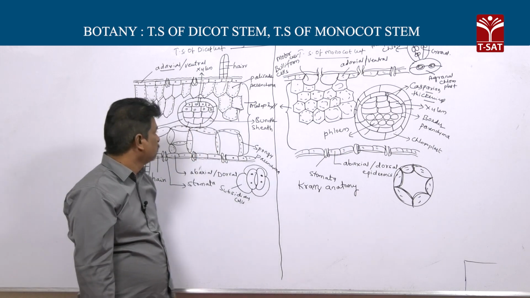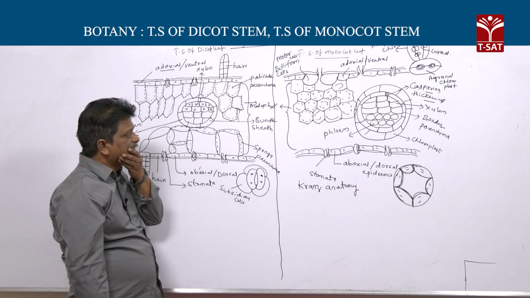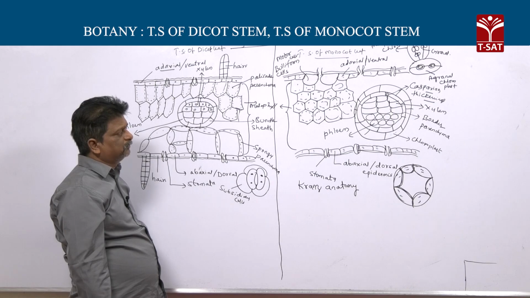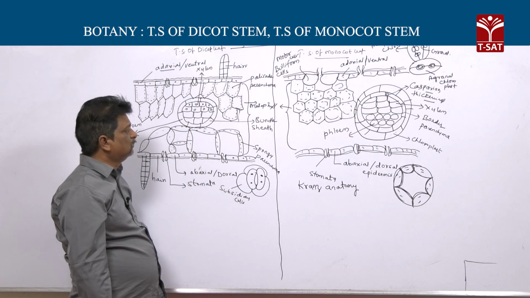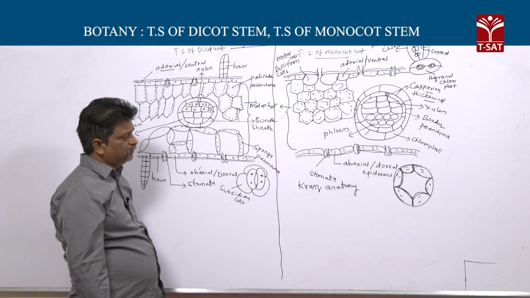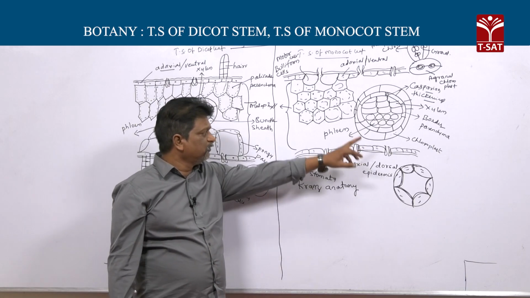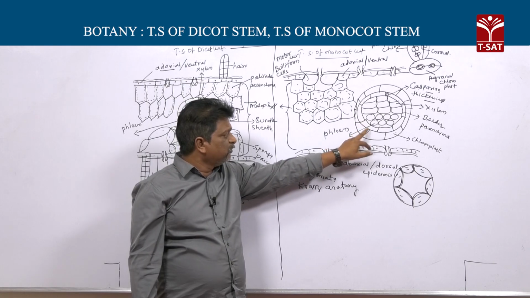Then in grass leaf, generally 2 rows of bundle sheath are present, but in dicot leaf, only 1 row of bundle sheath is present. In most of the monocots, they show chloroplast even in the bundle sheath.